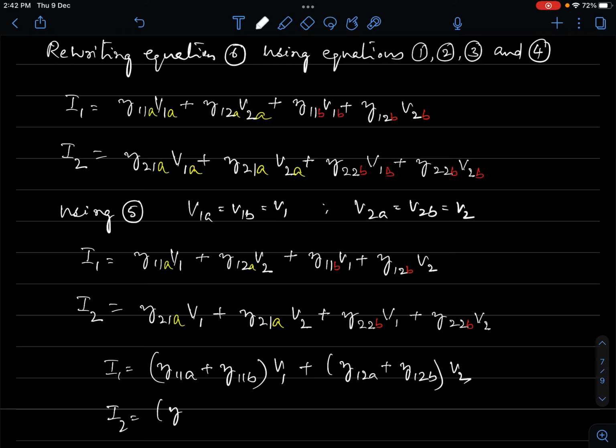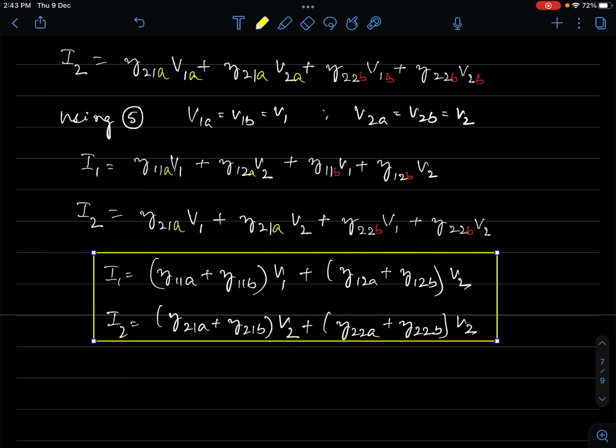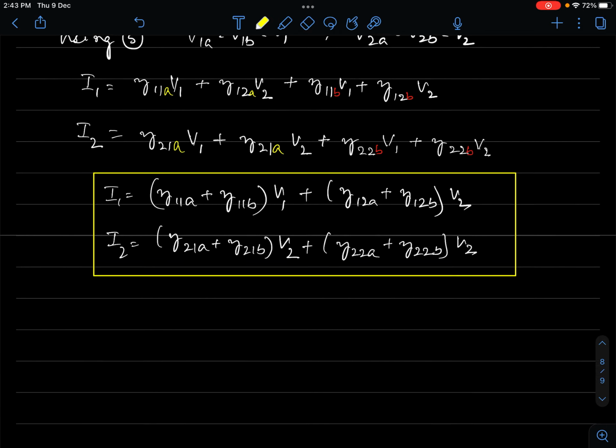And I2 equal to (Y21A plus Y21B) V1 plus (Y22A plus Y22B) V2. This is done. These are the relationships we are interested in, isn't it?